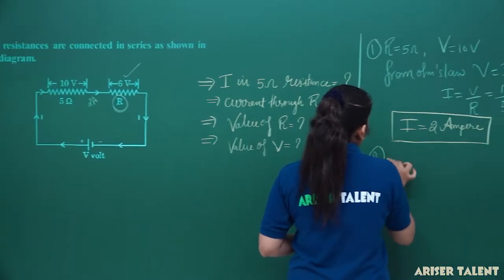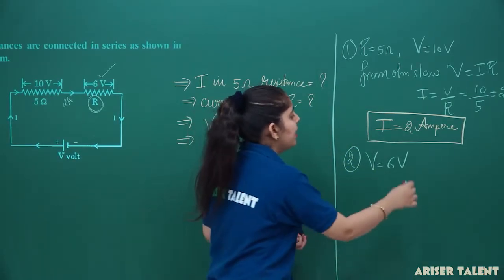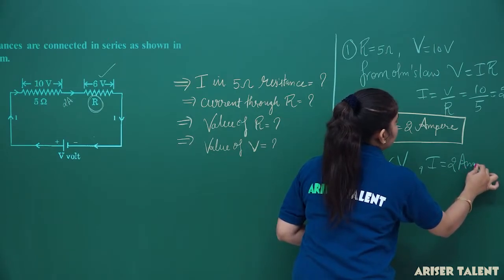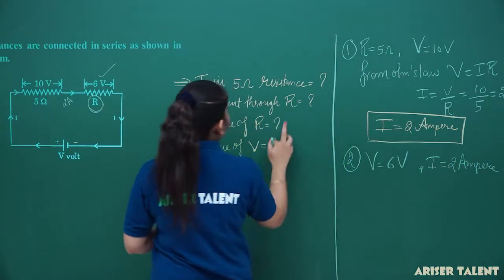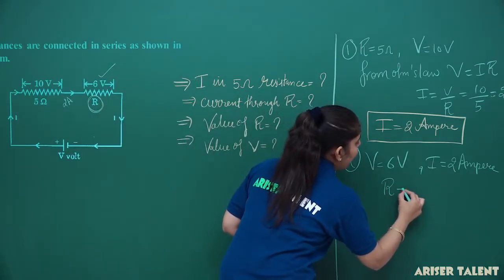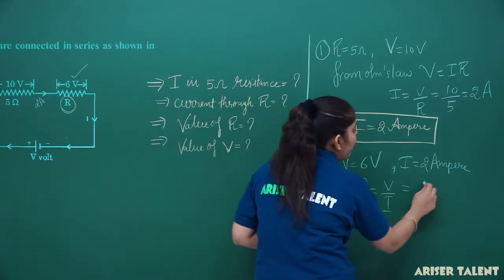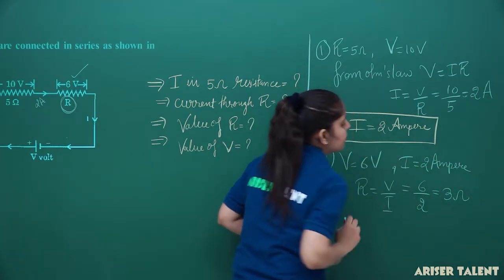In the second part, we have a potential difference of 6 volt and the current here is 2 ampere. Now, we have to calculate R. R is calculated by R equal to V upon I, and V upon I is equal to 6 upon 2, and it came out to be 3 ohm.